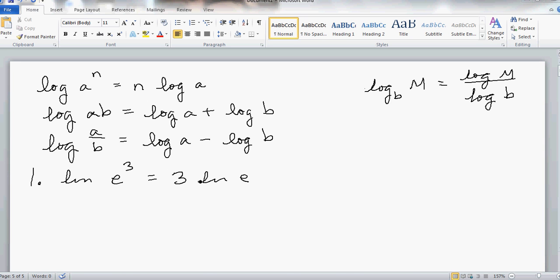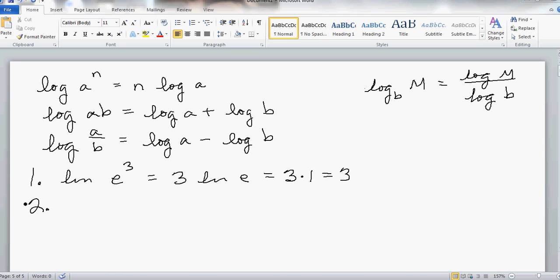Now here, since natural log is log base e, and we want to know what's the natural log of e, that is 1. So this is 3 times 1, which equals 3. So that one's pretty simple.